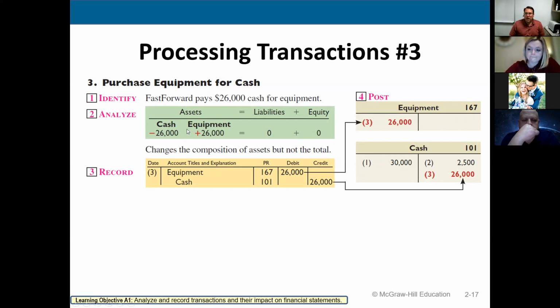Like if an asset goes up, then some other asset had to go down to pay for it, or a liability had to go up to pay for it, or an equity had to go up to pay for it. I guess the owner could put an asset into the business. That's about it though. And so it becomes pretty limited when you remember assets have to equal liabilities plus equity. There's only a few things that can really be happening here.